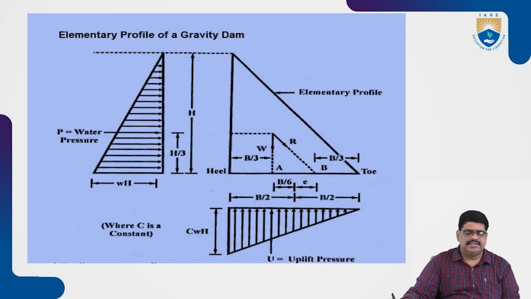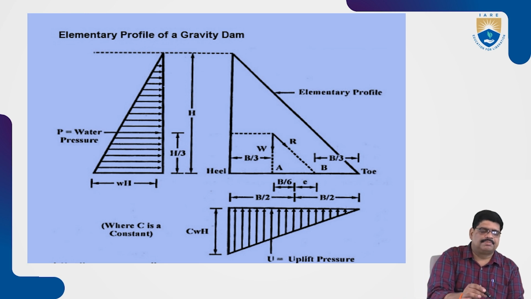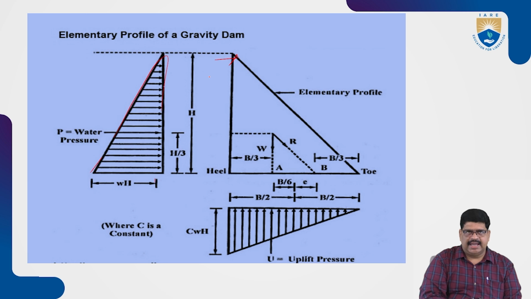Next, you can understand easily in this diagram. The elementary profile of the dam, as I told, is the triangular portion. Why? Because no tension is developed at the top, because the reservoir is empty. So a small portion of the water can be affected based on the elementary profile, B by 3 and H by 3 from this height.